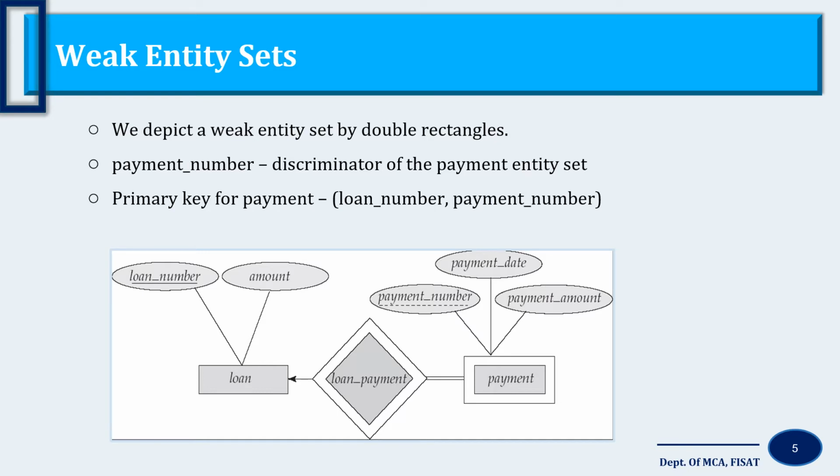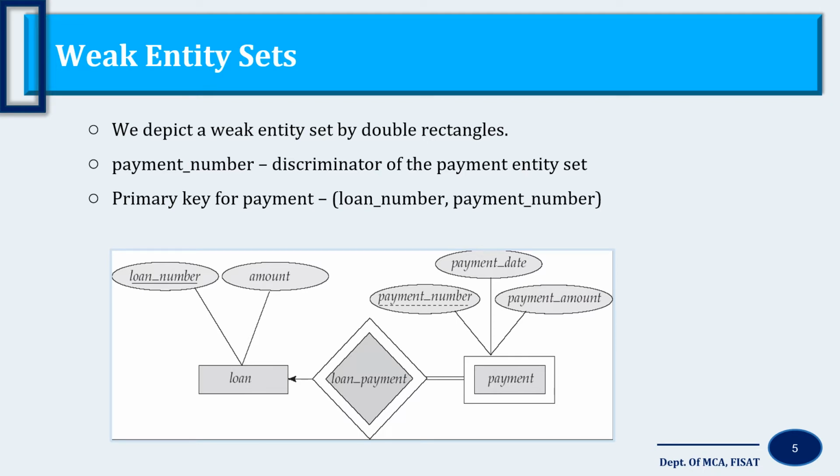The loan number is a primary key and it is underlined. Similarly, a dashed line is used for representing the discriminator. And the identifying relationship is represented by double diamonds. This loan payment is the identifying relationship. It is represented as double diamonds.